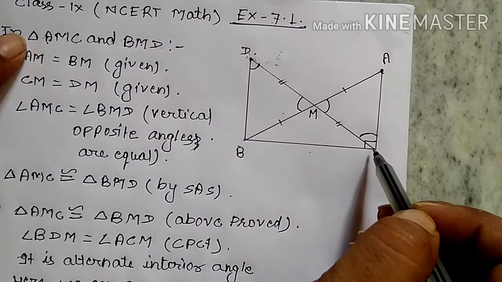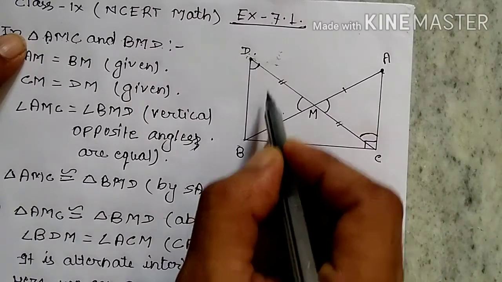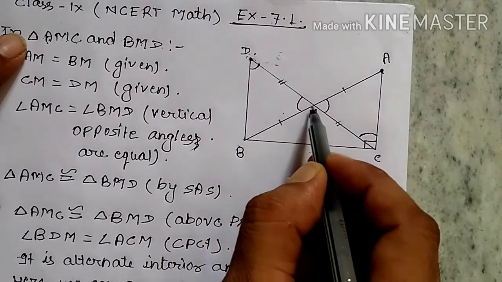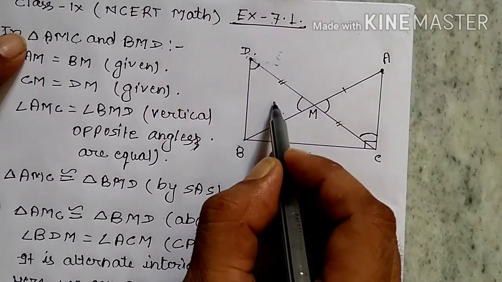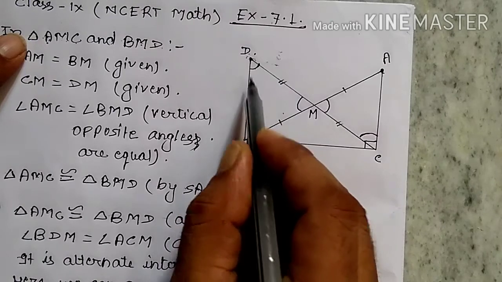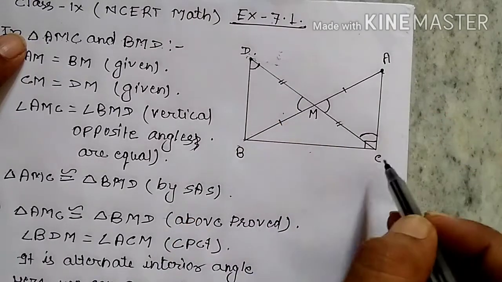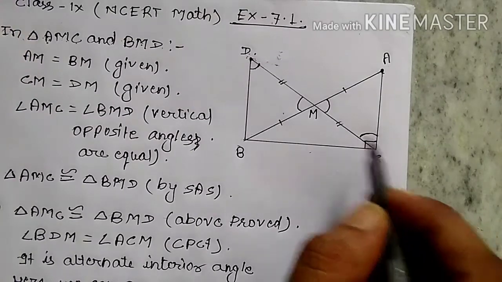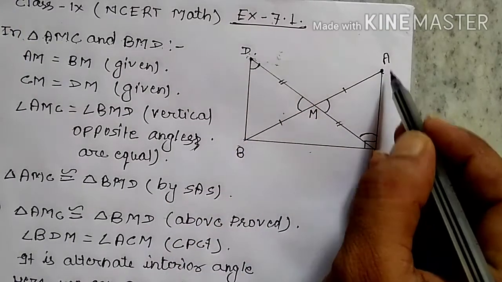How? Because triangles DBM and ACM are congruent. So DB is equal to AC, corresponding parts of congruent triangles.